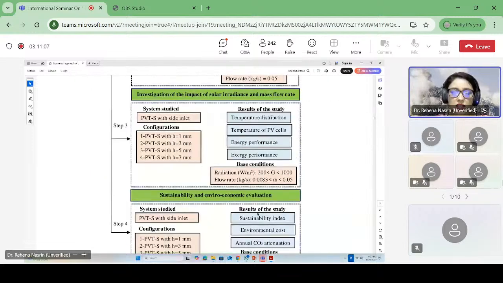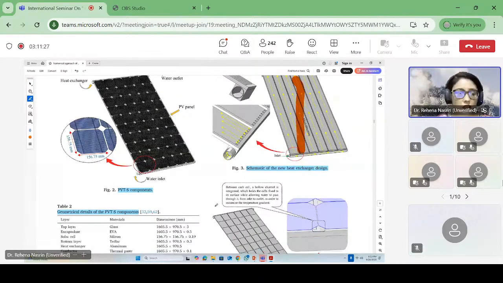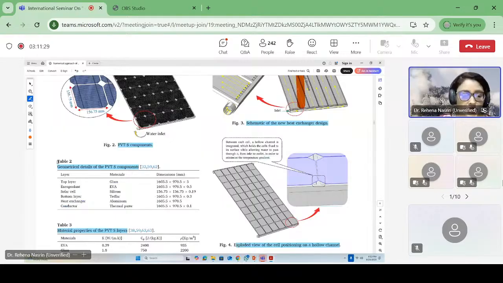In our thermal system, you see this is the photovoltaic module. Here is the water inlet. Water is considered as the heat transfer fluid. Here is the inlet pipe, and this way the water goes. Also the geometrical details of the photovoltaic thermal system.